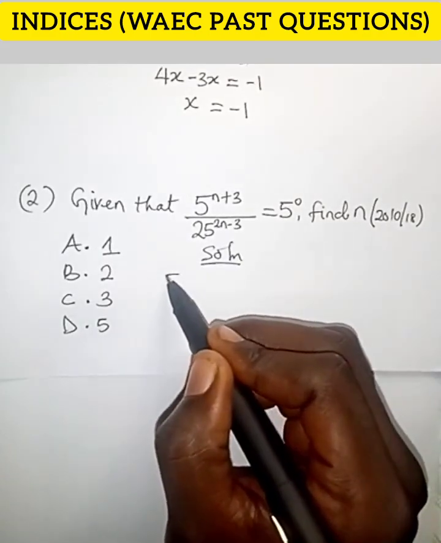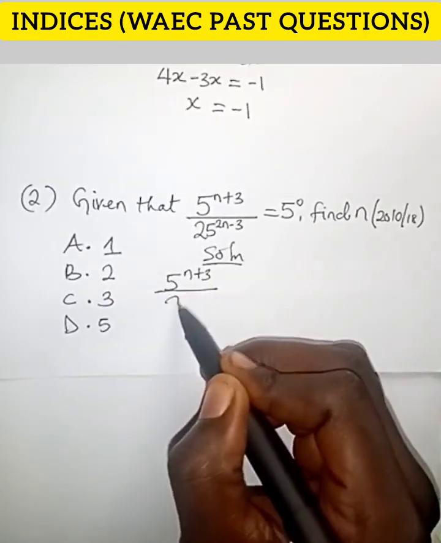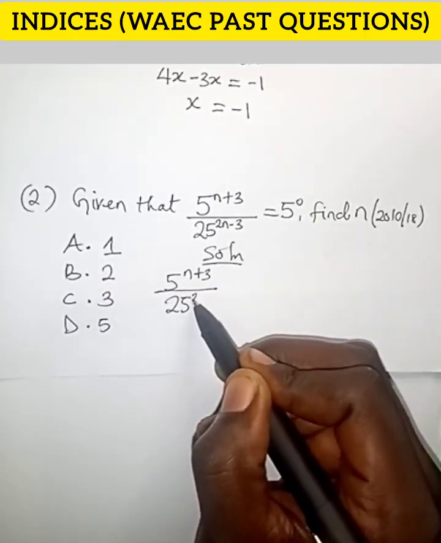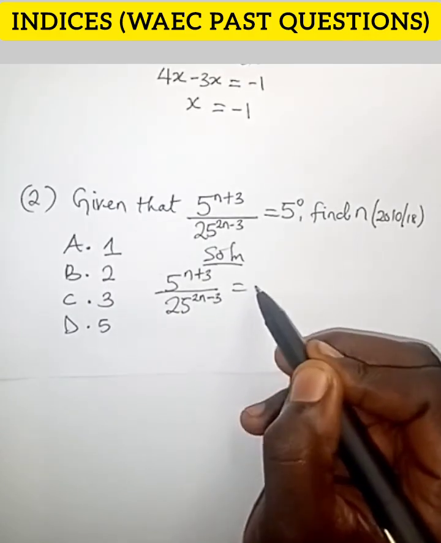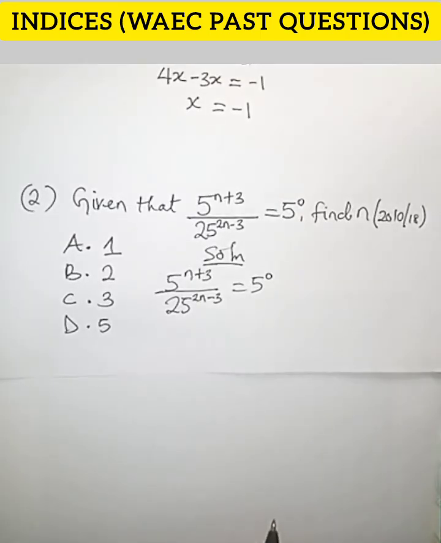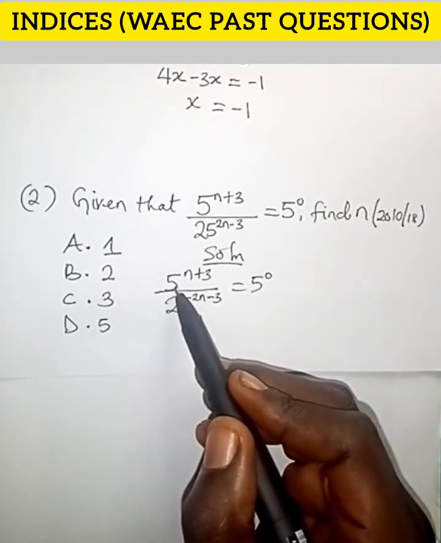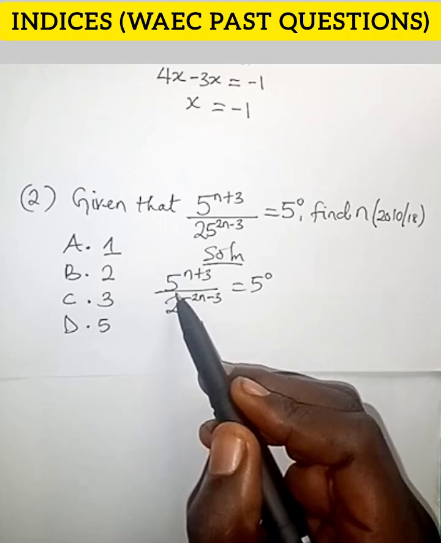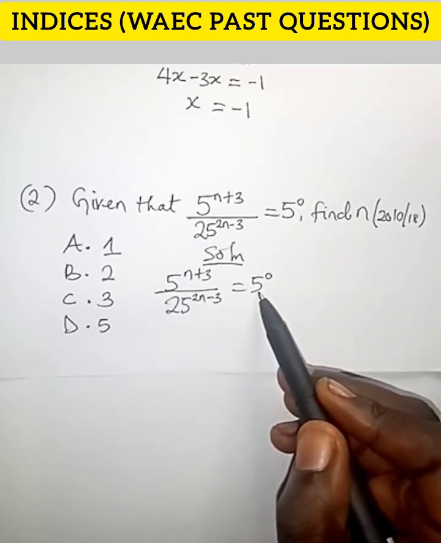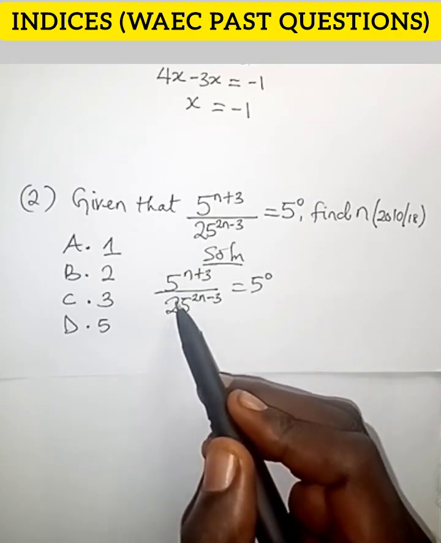You have 5 raised to power n plus 3 all over 25 raised to power 2n minus 3 equal to 5 raised to power 0. Now, this 5 is already in the final base, it cannot be re-expressed beyond this, but this 25 can be expressed in the same base.